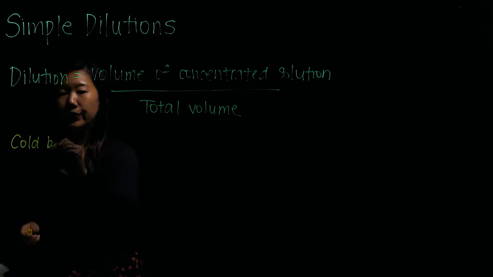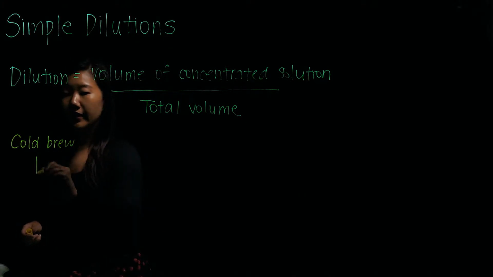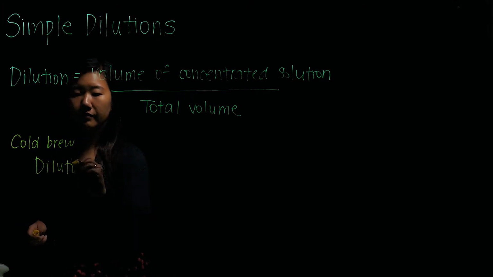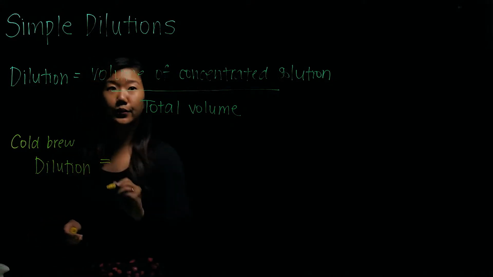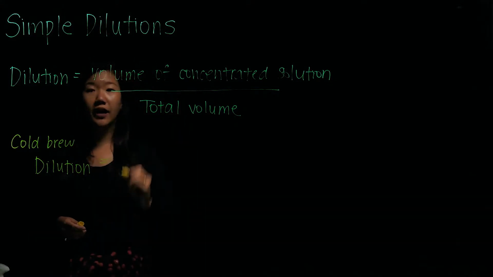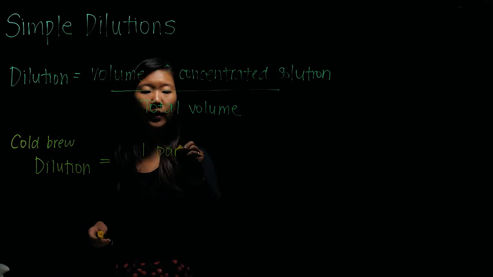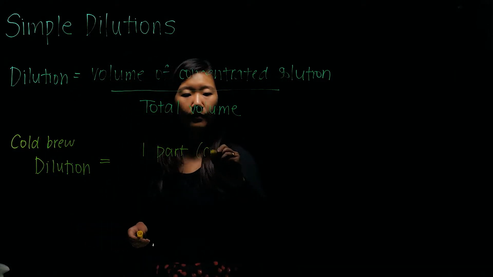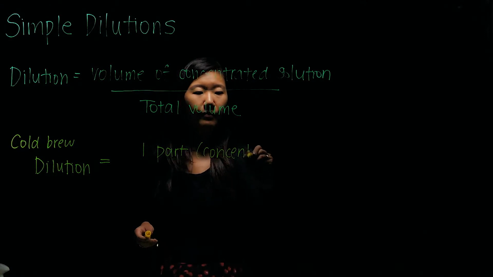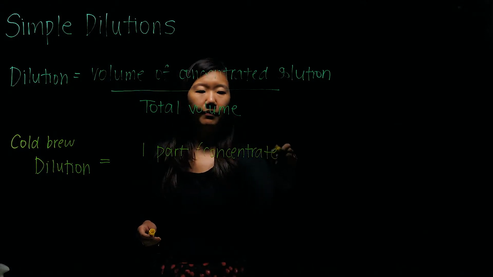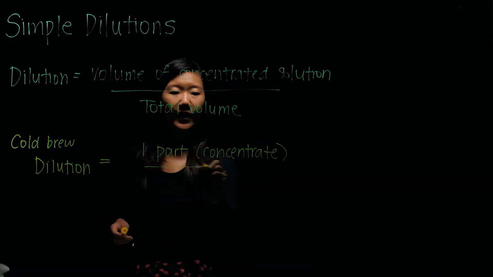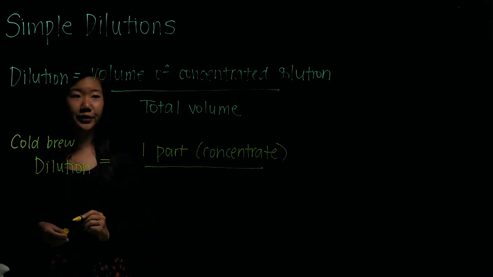For my cold brew, the dilution is going to equal the volume of the concentrated solution, which is just 1 part of the concentrate, divided by the total volume.